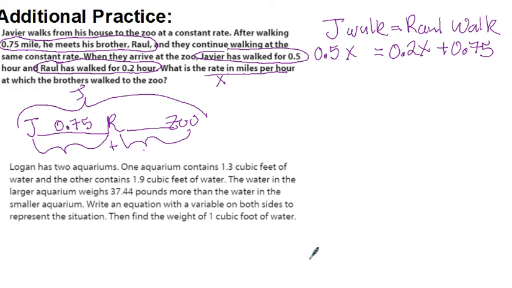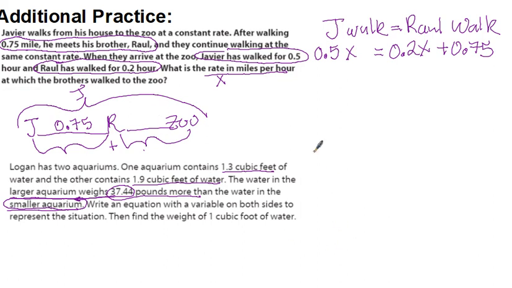So this is very similar to the question up here. Okay, one aquarium contains this much water, the other one contains this much water. Okay, the water in the larger aquarium weighs this much more than the small aquarium. So this is going to technically go with our small aquarium because it's similar to the Raul situation.